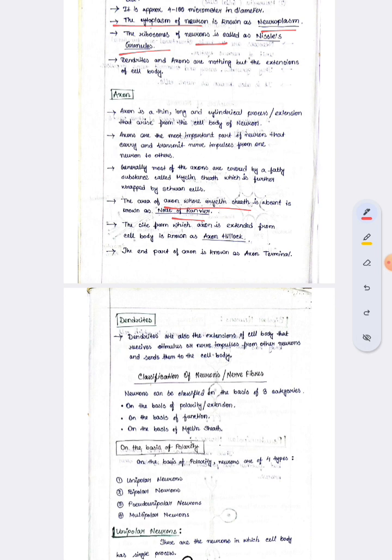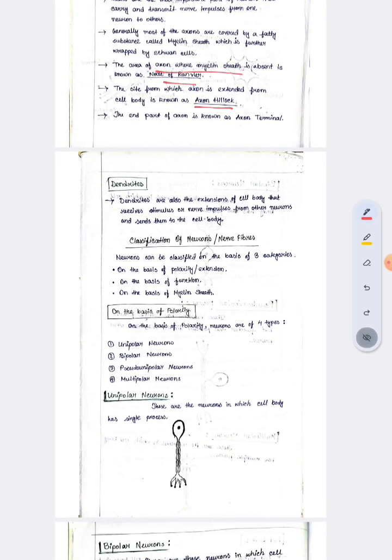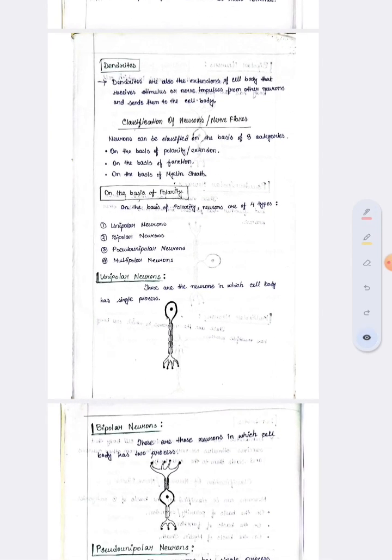And the site from which the axon extends from the cell body is known as axon hillock. Now we are seeing the dendrite. What is the dendrite? Dendrites are also extensions of the cell body that receive stimulus or nerve impulse from other neurons and send them to the cell body.